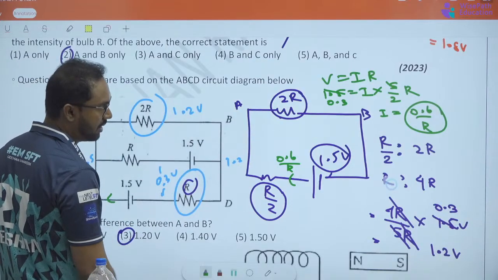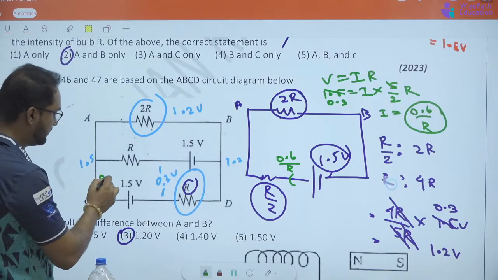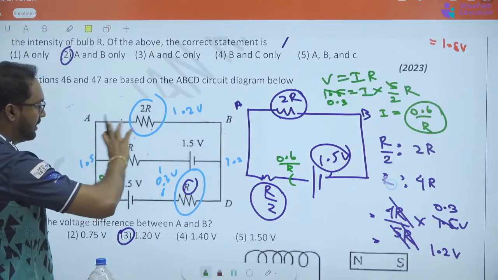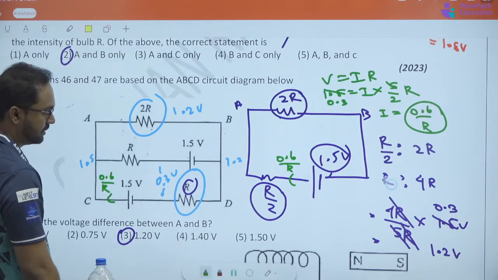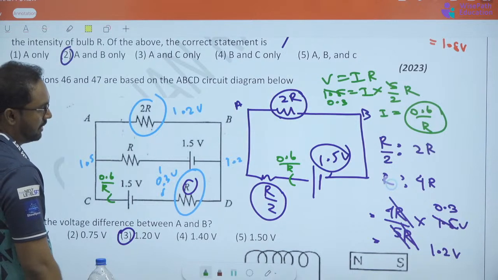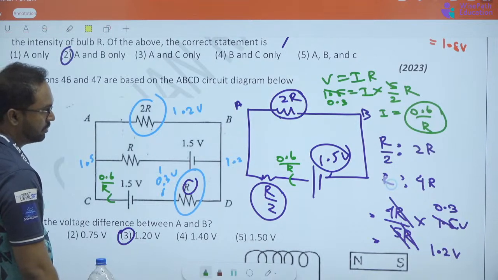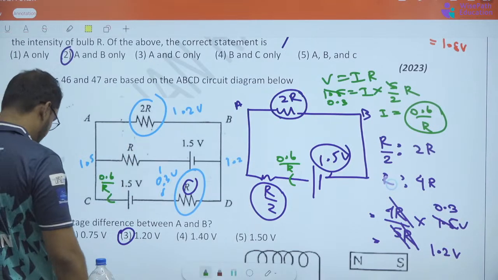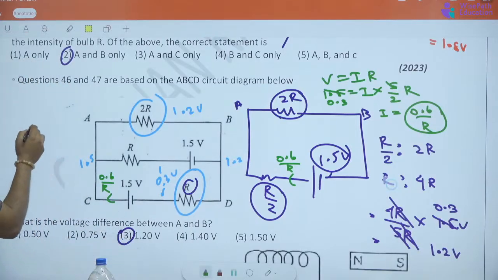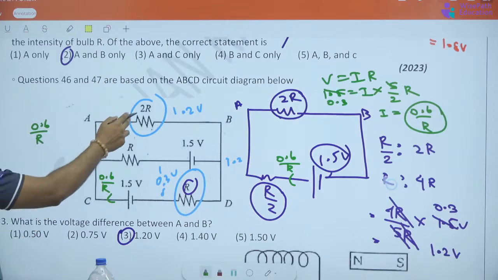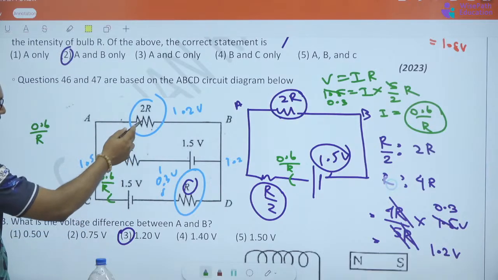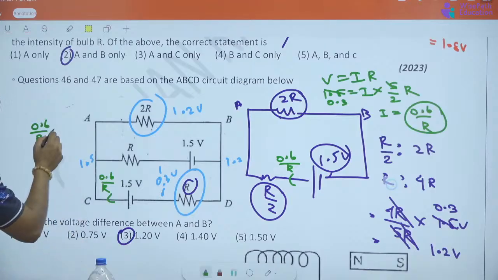So the current coming out of the battery is 0.6 divided by R. It comes here and is dividing into 2, right? When it's dividing into 2, you have to consider the resistances of these two. It's 0.6 divided by R of a current coming out, and that current will be dividing in the ratio of these two, 2R and R. So it's 2R plus R, which is 3R.